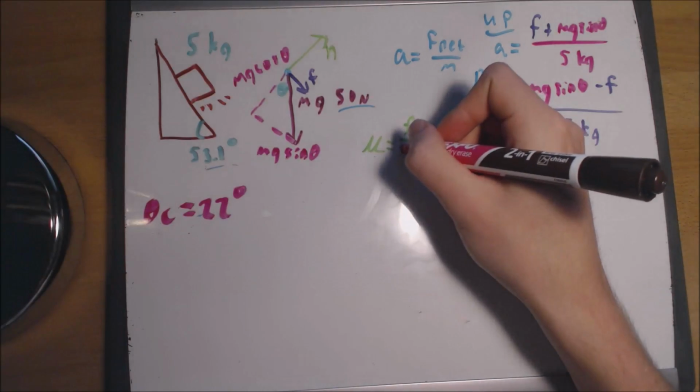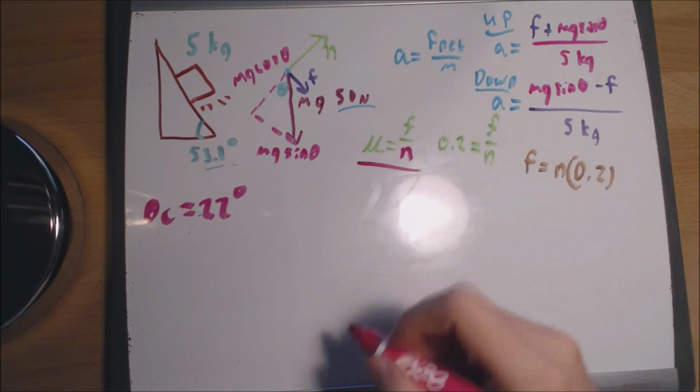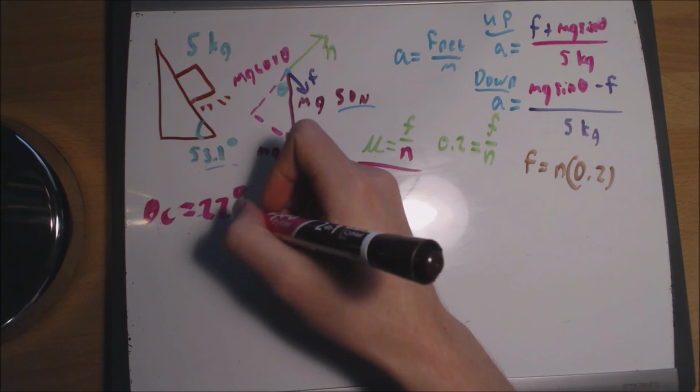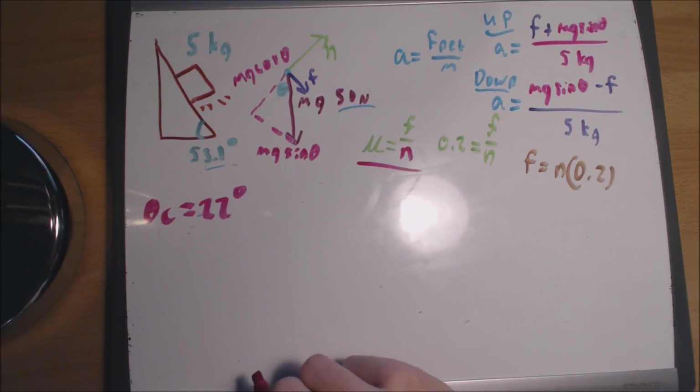So they're talking about this. Calculate that at the critical angle. Oh wait, no, not at the critical angle. If we know the critical angle, we're going to be able to figure out the coefficient of static friction between the block and the ramp. So we know this is 22 degrees.